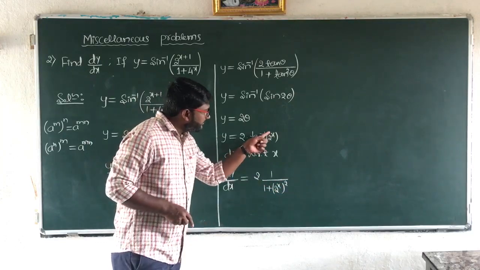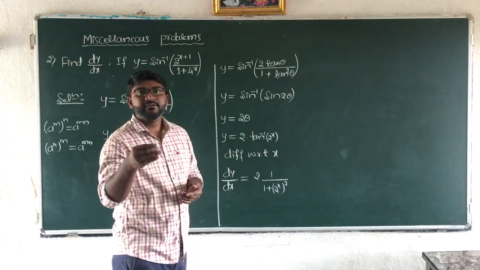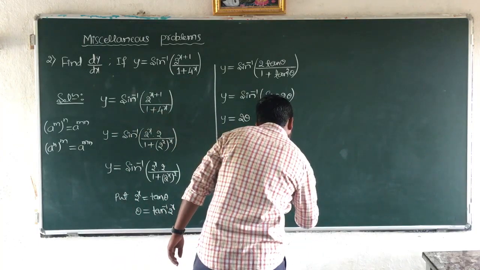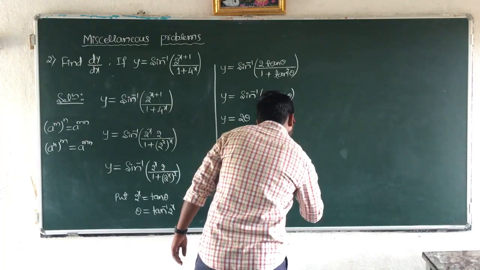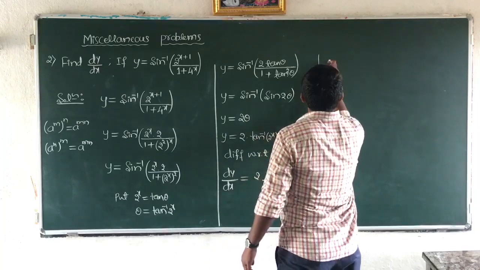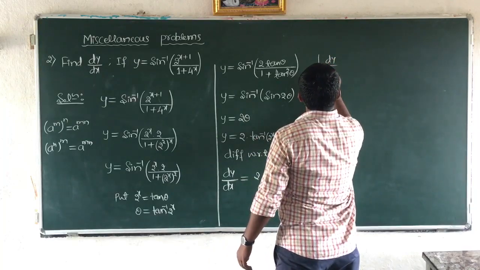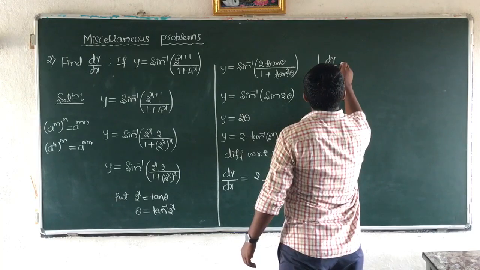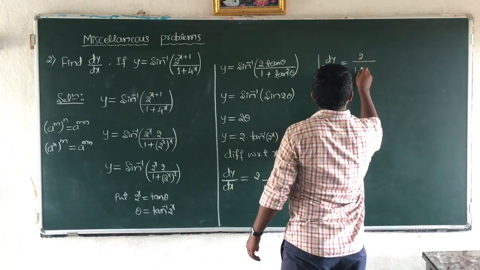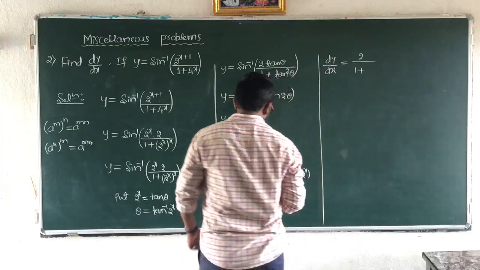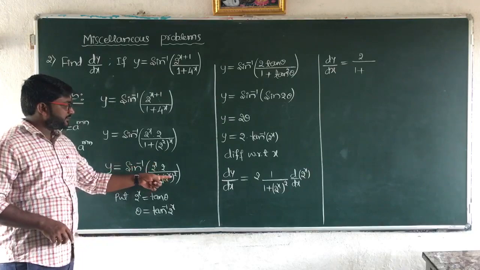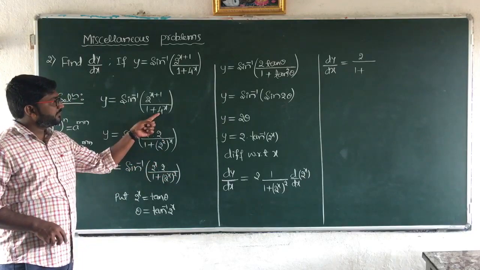Now we have to differentiate the inside function once again, into d by dx of 2 raised to x. So in the next step, this can be written as dy by dx equal to 2 divided by 1 plus, so see here, 2 raised to x the whole square, which can be written as 4 raised to x.